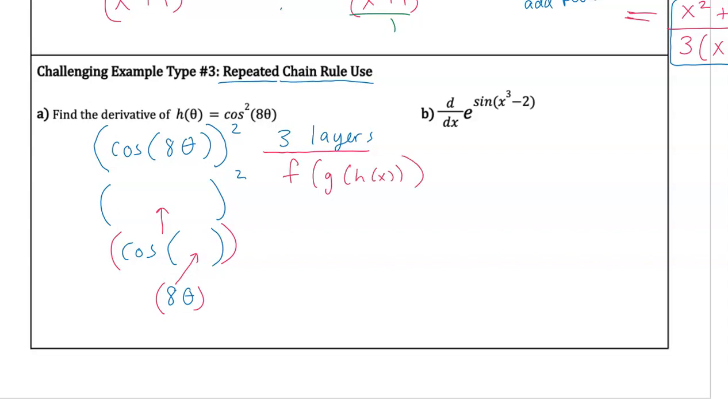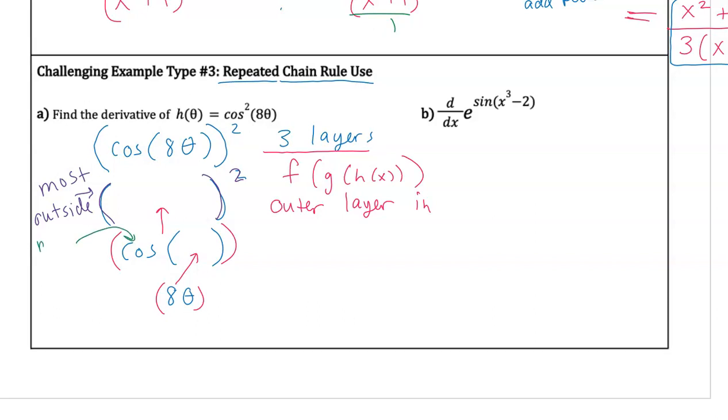So when I use the chain rule, you just start from the outer layer and work your way in. That's the order of derivative taking. So in this case, my most outside layer was this one. The power was the one that was most on the outside. And then the middle layer is the cosine.